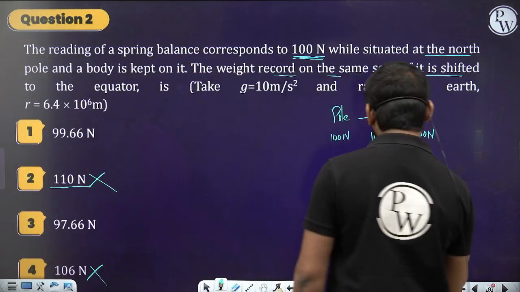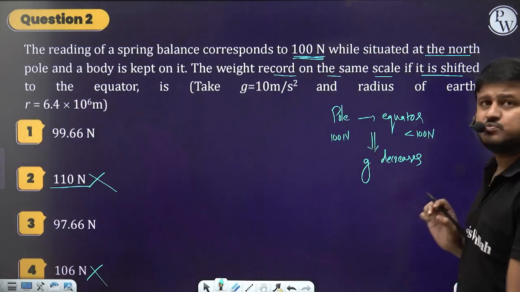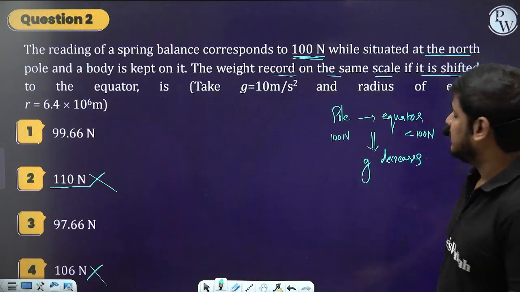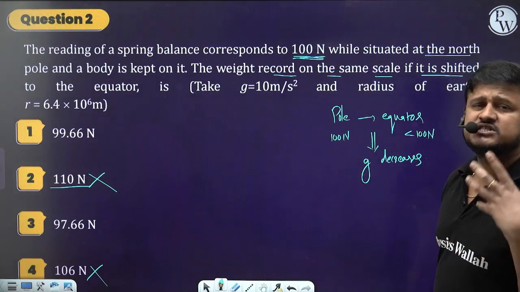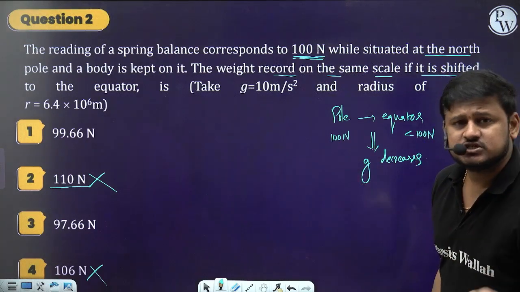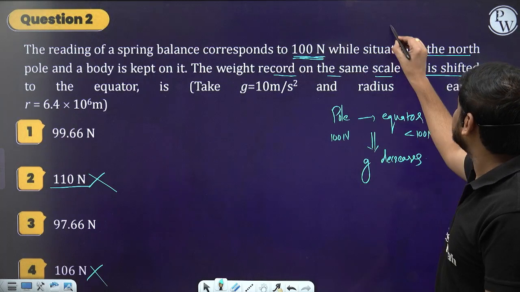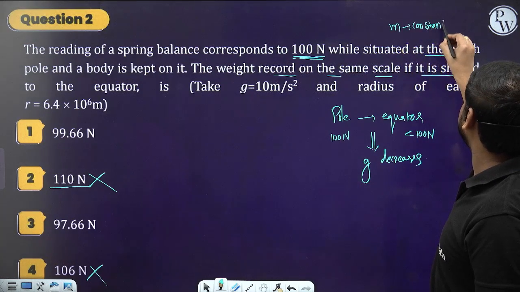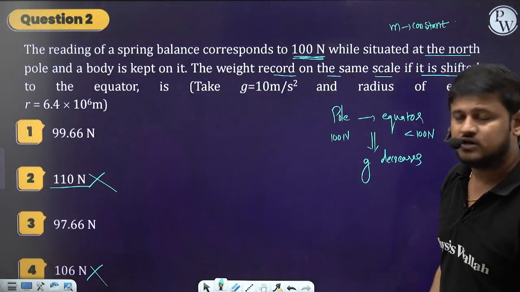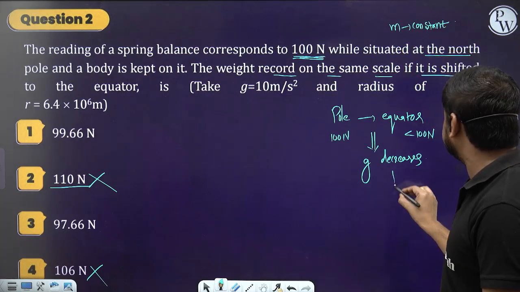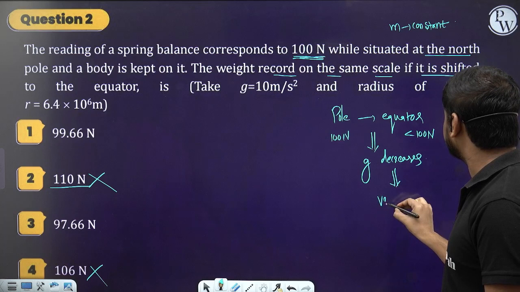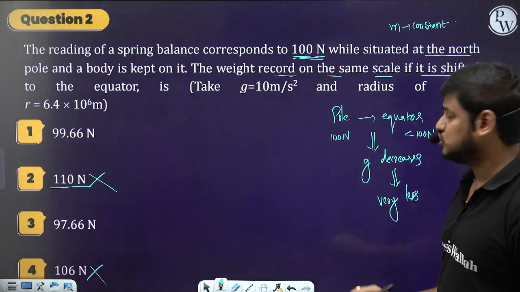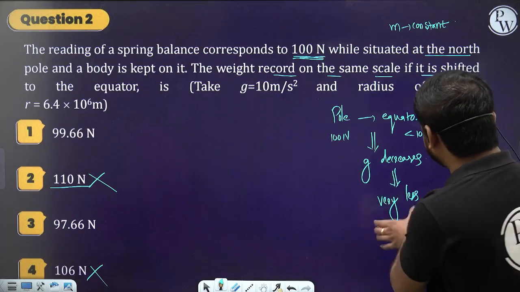This change in g value is very, very small. If the g value changes by a very small amount, the weight also changes by a small amount, because the mass is going to be constant. The weight depends on the g value. So this decrease in g is going to be very, very less.